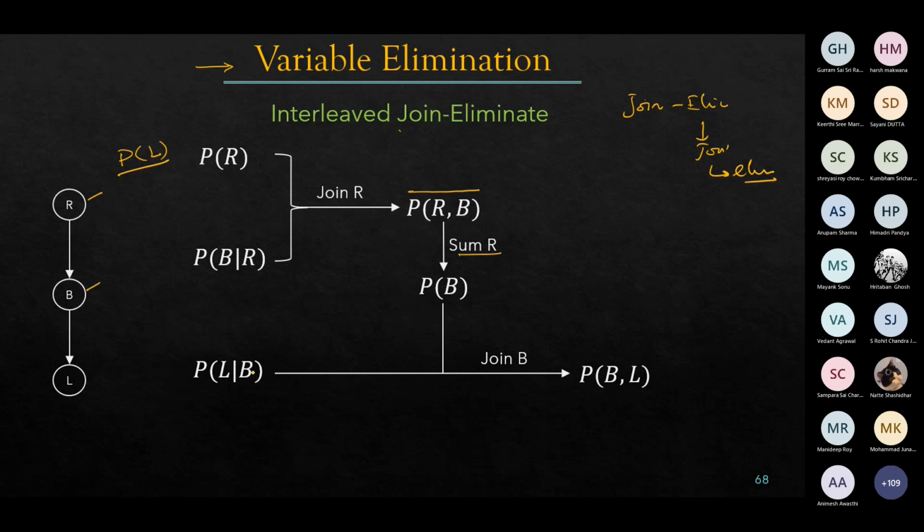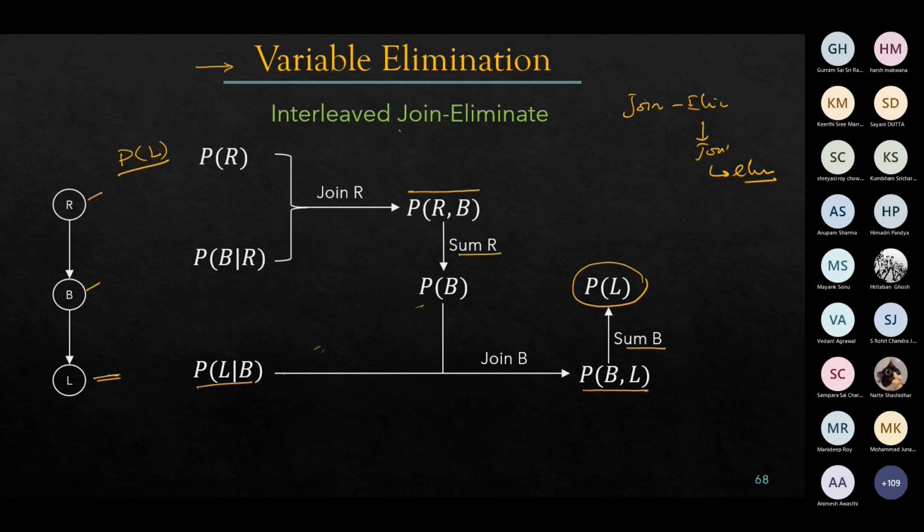Now we have again got PLB, which is associated with this node, right? Now we perform a join operation over these two factors, and as a result, we get PBL. And finally, we'll be performing a sum out operation on B to get PL, right?